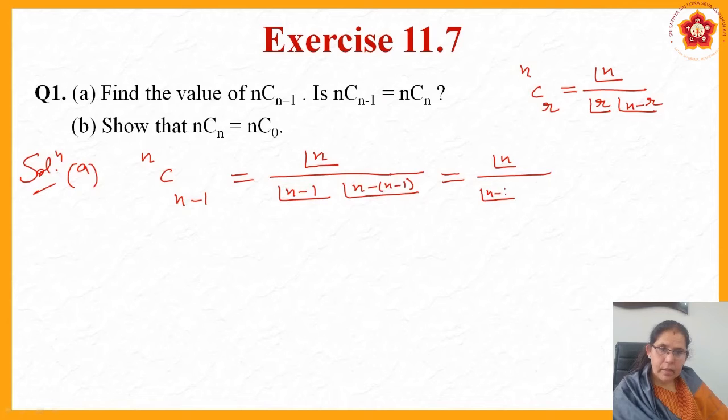Now solve it further. If you open it, it will be n minus n plus 1. n gets cancelled. This is factorial n minus 1 and this is factorial 1.